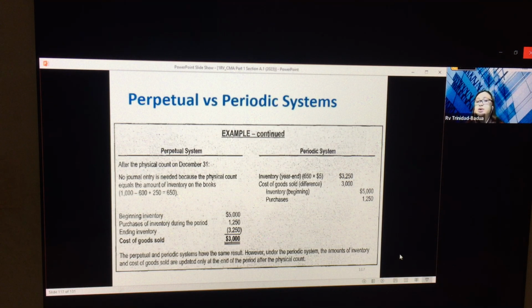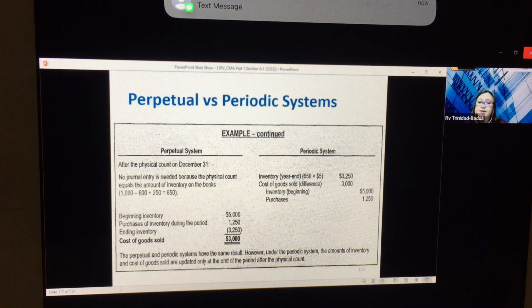Your choice of perpetual or periodic would depend on your industry, the goods that you are selling, and what is most appropriate for the business.